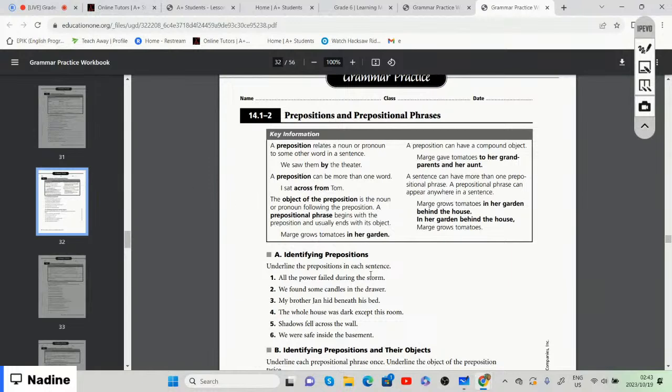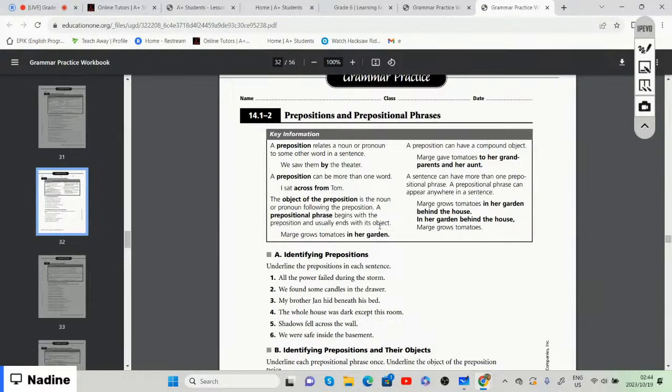An example is Marge grows tomatoes in her garden, which means that in is our preposition, and the prepositional phrase is in her garden. We can also say that a preposition can have a compound object. And I think let's just stop there. That is now the description of a preposition as well as a prepositional phrase.